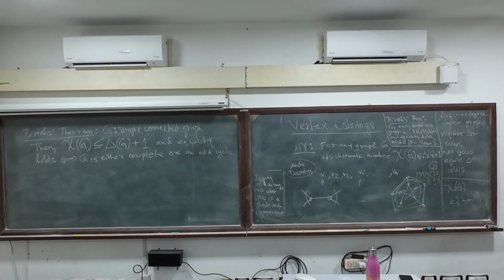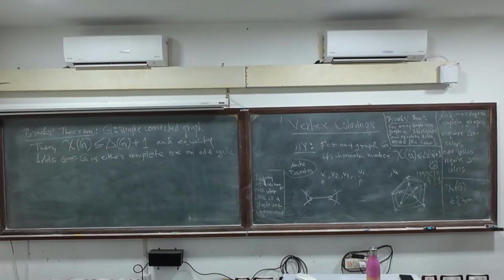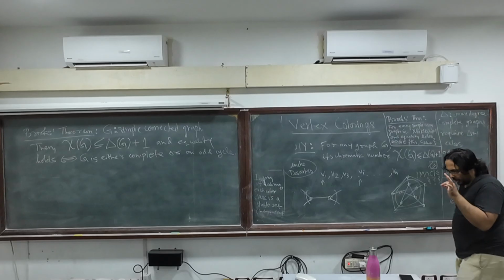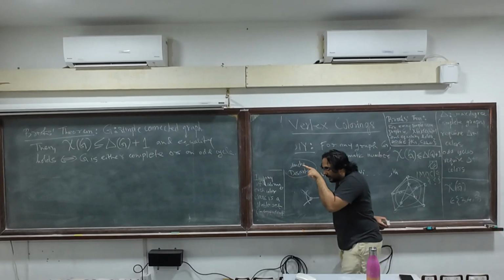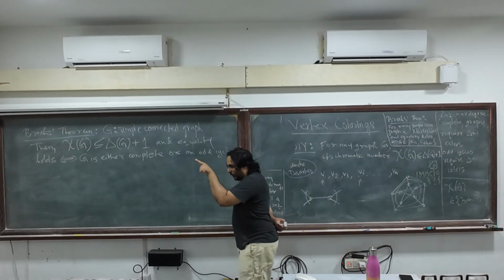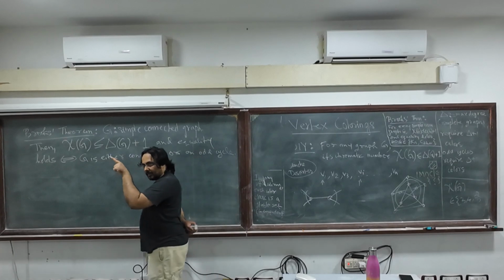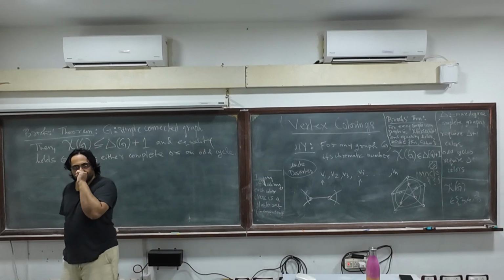There is one color that is used at most 1 time. Of course, if you are using fewer than delta plus 1 colors, then some colors are used 0 times, that's okay. But if you are using all the delta plus 1 colors, I want to make sure that one of the colors is used for only one vertex. If we prove something like that, that would be nice.